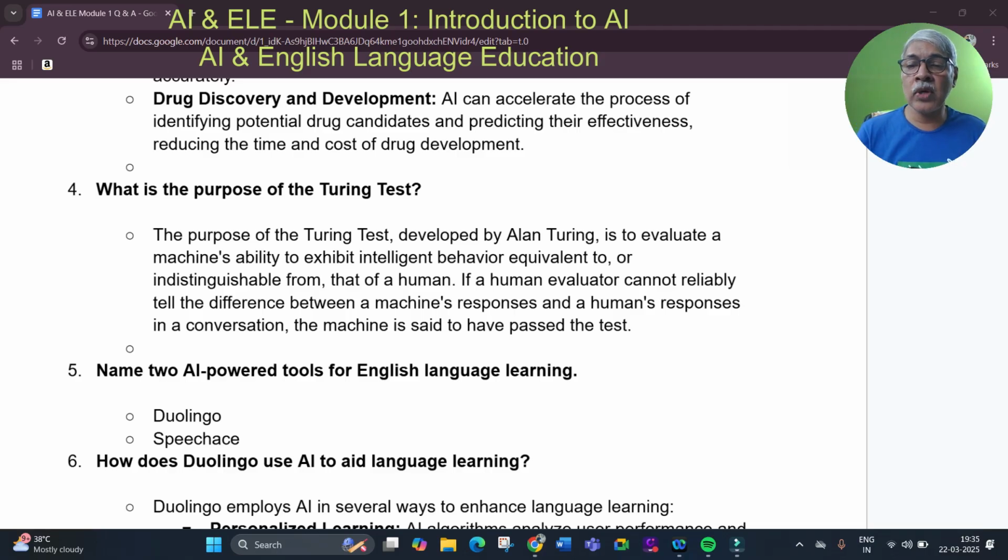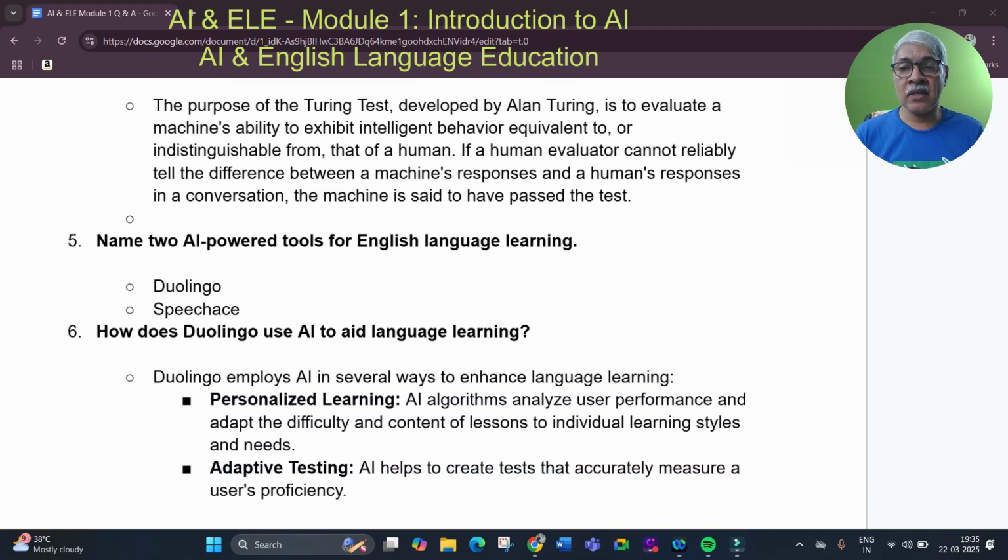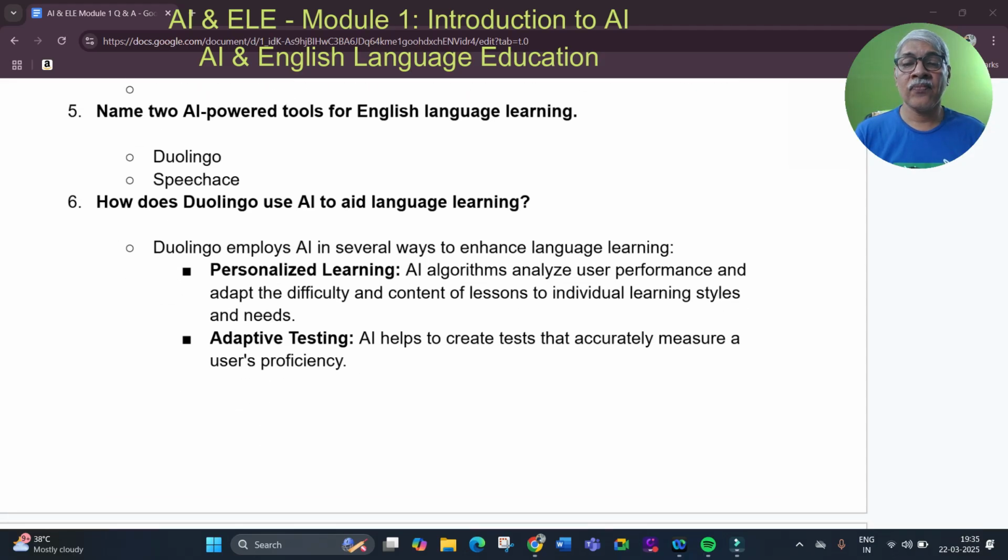Now name two AI-powered tools for English language learning. One is Duolingo and another is Speech Ace. Now how does Duolingo use AI to aid learning? Duolingo employs AI in several ways. You can have personalized learning. You can have adaptive testing.